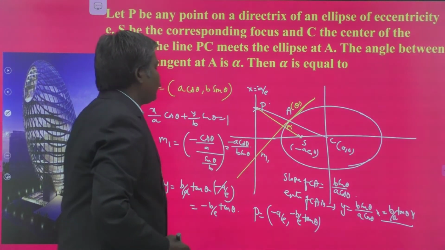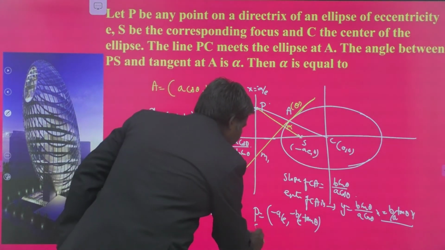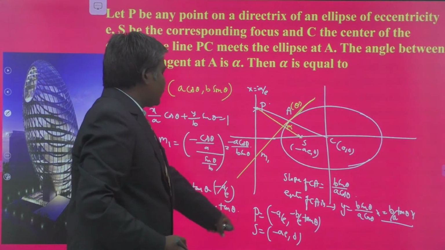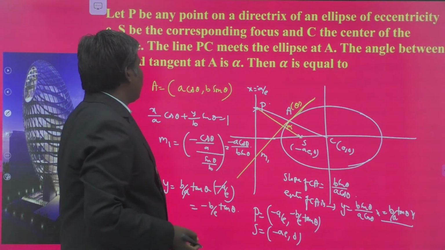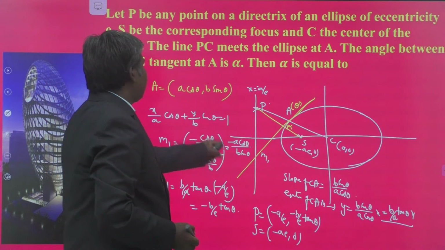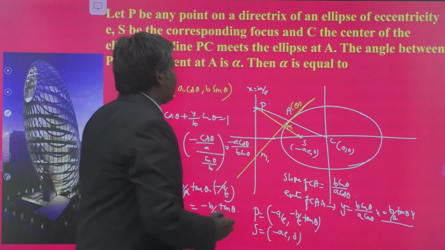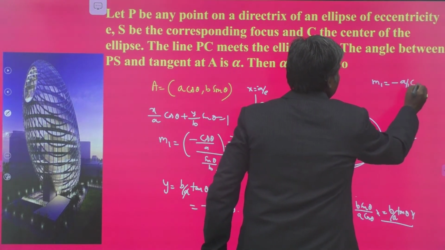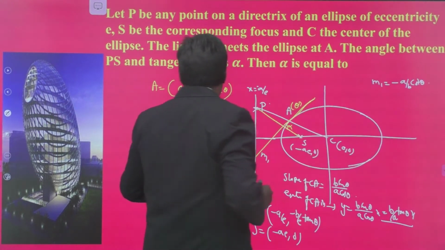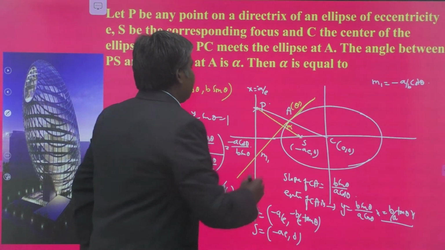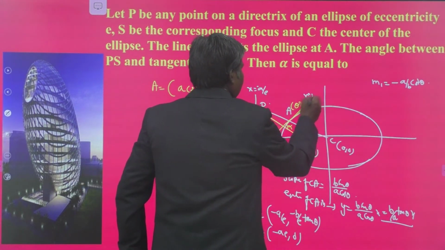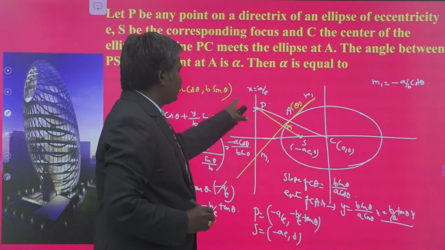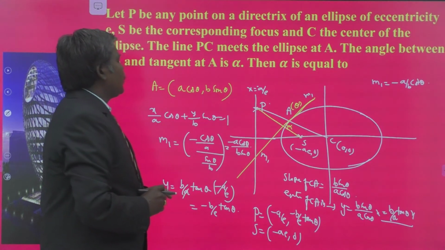What are the coordinates of S? Minus ae, 0. Can you write the slope of SP? Remember, M1 is minus a by b cot theta, the slope of the tangent at this point. Now we are going to find the slope of SP.